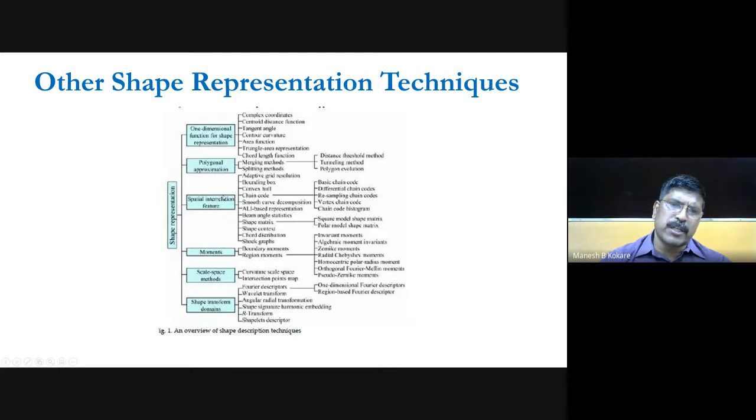From spatial interrelation features, you can have techniques of shape feature extraction, like the adaptive grid resolution or bounding box or convex hull or chain code. In chain code also there is basic chain code or differential chain code or resampling chain code or vertex chain code or chain code histogram. So you can extract such kind of features from the chain code itself.